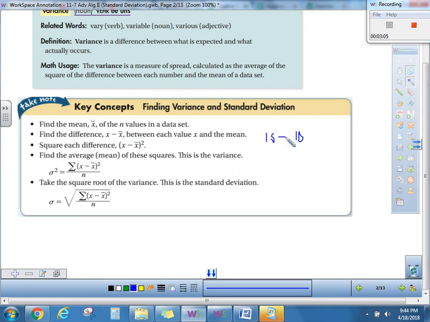So we would just do 15 minus 10, so x minus x bar equals 5. That would be x minus x bar here. Next, we have the square of that difference. Whatever you get, positive or negative, you're going to square it. And in this case, we get 25.